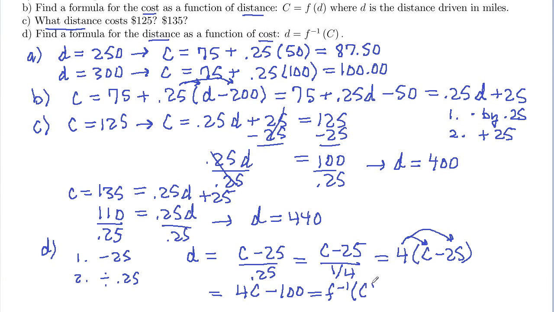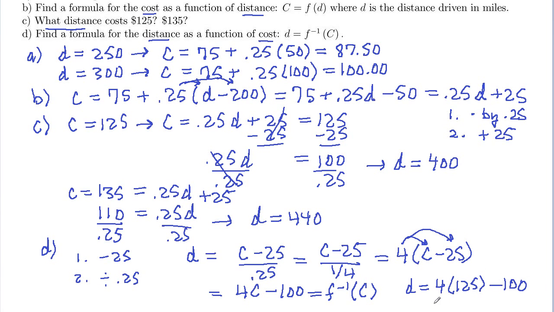So with the inverse function, you'll put in cost values and you'll get out the corresponding distance. So if we were to take this 125 cost and plug that in, the distance to go with that would be 4 times the 125 and then minus 100.